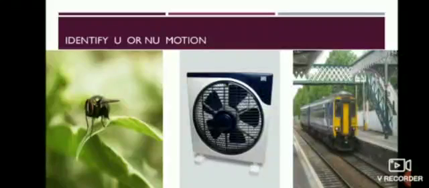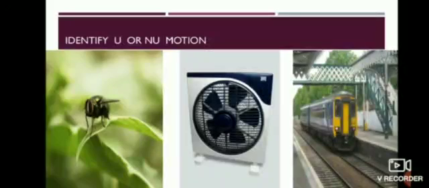Next, the fan in an air cooler running at fixed speed, is it uniform or non-uniform? Yes, it is uniform because it covers equal distances in equal intervals of time. So it is uniform. Next we go for another.